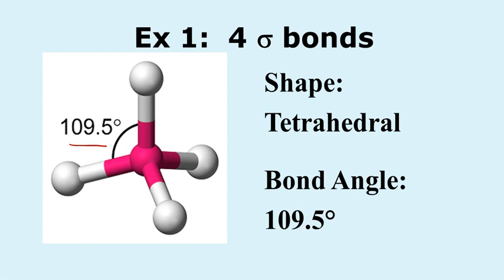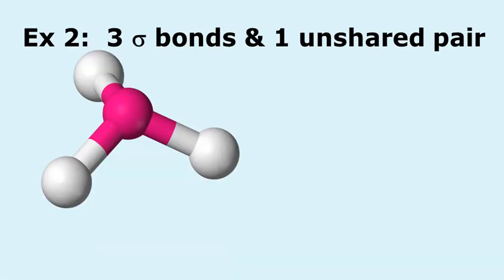Now, let's imagine that we take one of those sigma bonds off and replace it with an unshared electron pair. So we have something like this. So 3 sigma bonds and 1 unshared pair. Now, you don't see that unshared electron pair because electrons are very, very small. They're basically invisible.